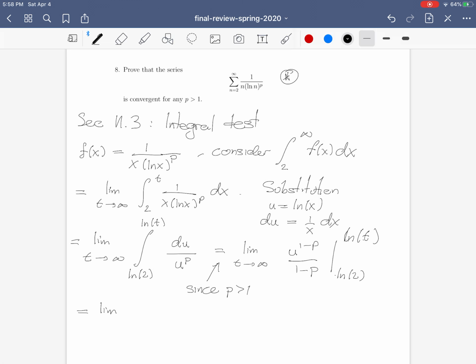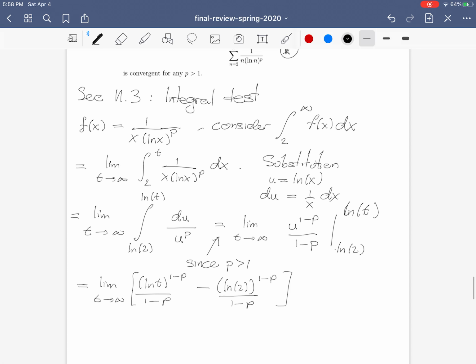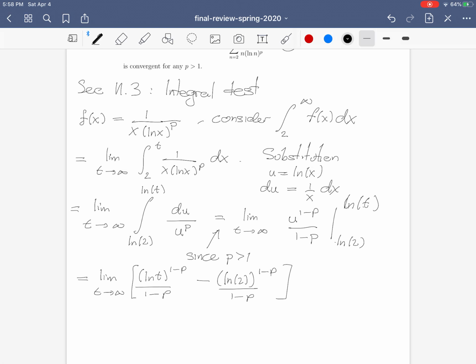So this is the limit as t tends to infinity of (ln t) to the 1 minus p divided by 1 minus p minus (ln 2) to the 1 minus p divided by 1 minus p. And again, we use the fact that p is greater than 1.